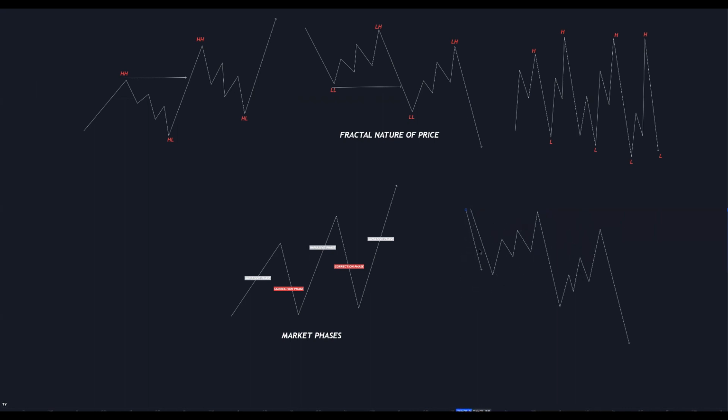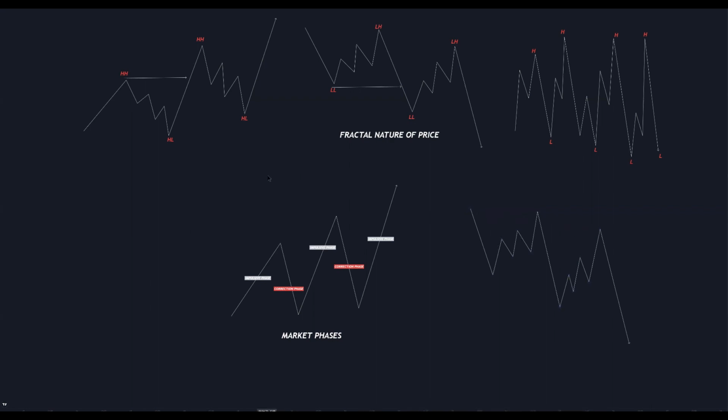So you just want to know, where are you in the market? In a downtrend, you only want to be caught selling during an impulsive phase. You don't want to be caught selling during a corrective phase. Because if you are caught selling during a corrective phase, there's a high chance that the trade will go against you and it will result in a loss. So guys, please take note of these two phases of the market.